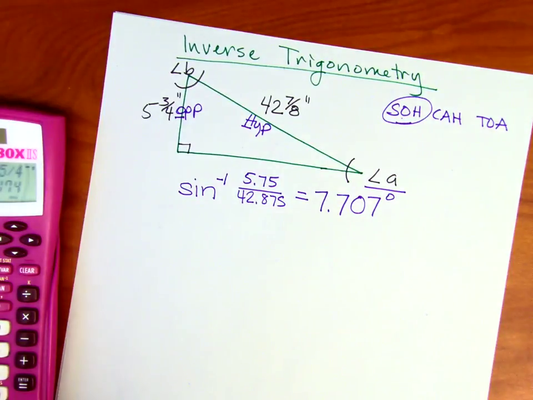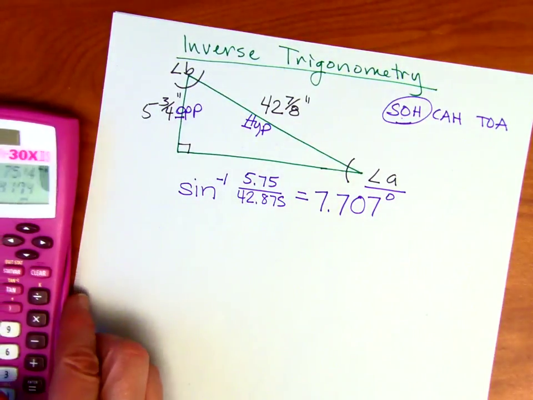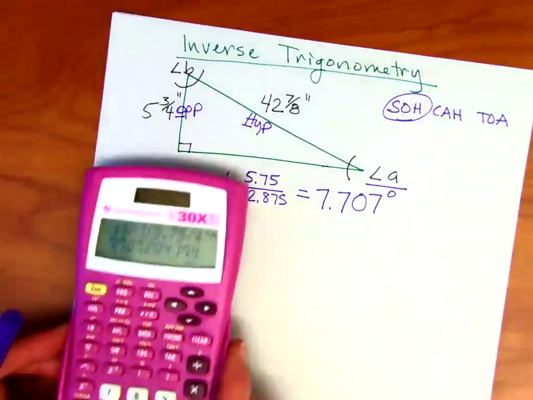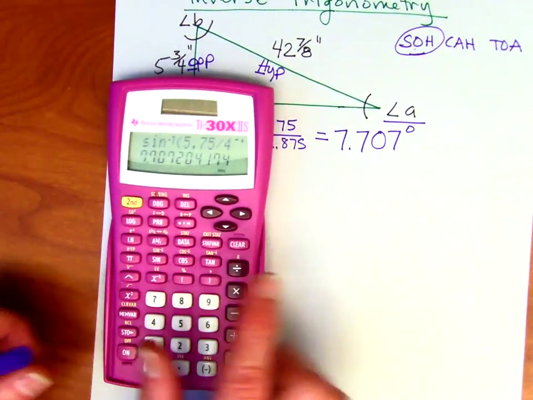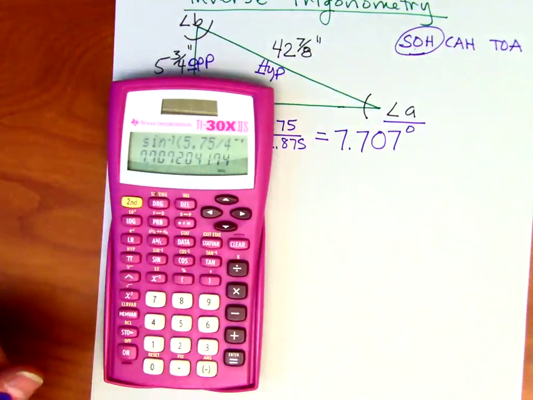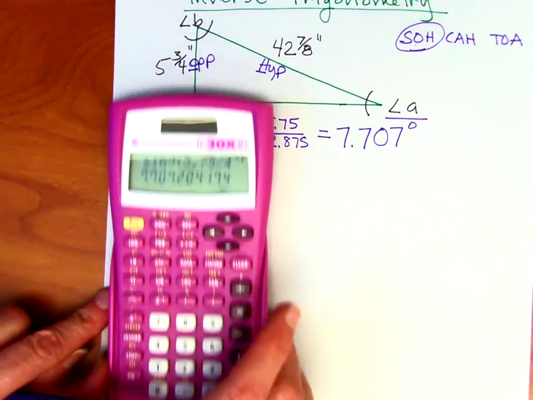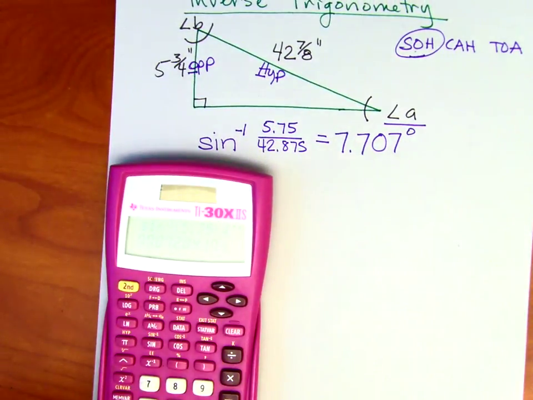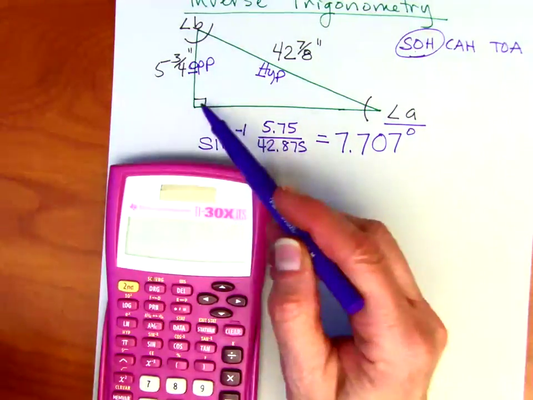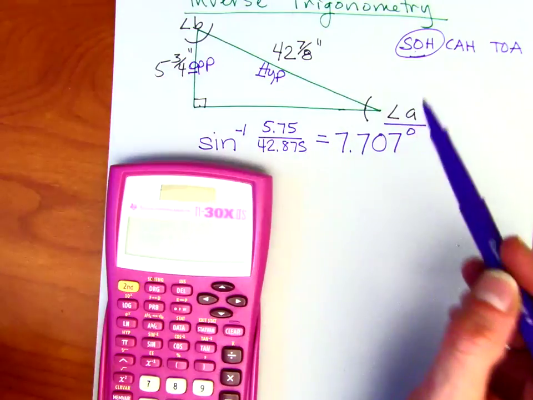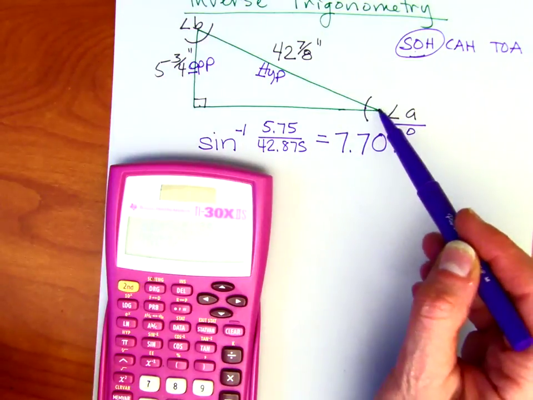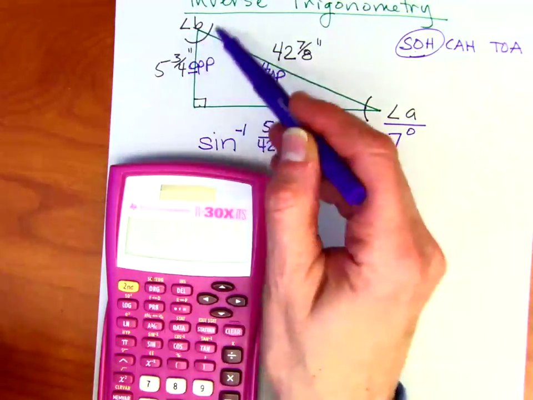Now there's a couple of ways you can go about figuring out angle B. And so I'm going to show you a trick. I'm going to leave this in the calculator. Now, if you were to take all the interior angles of this triangle and add them up, we know that's 90, that's 7.707, and that we're going to figure out.